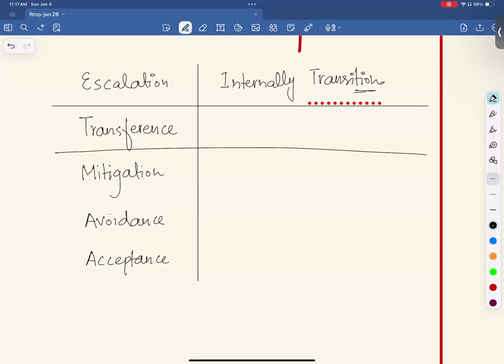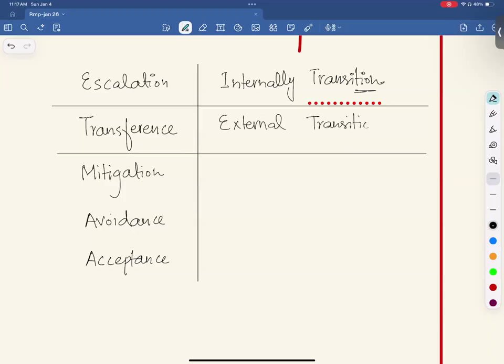Then we have transference. Transference is external transition. You are handing over work and risk to an external entity. Anyone external to your organization. For example, outsourcing, like bike insurance.